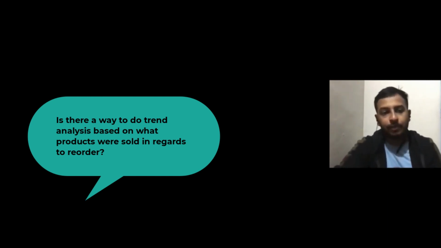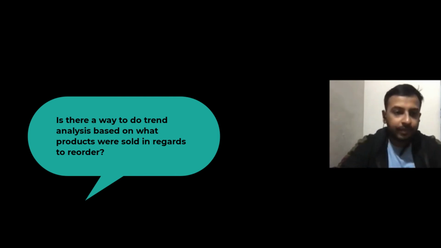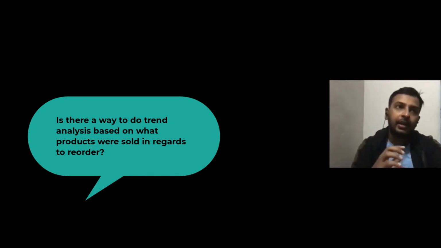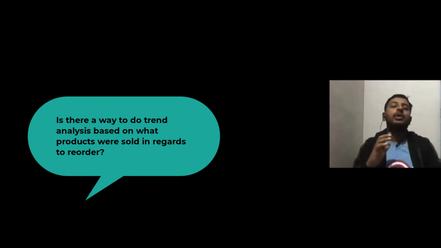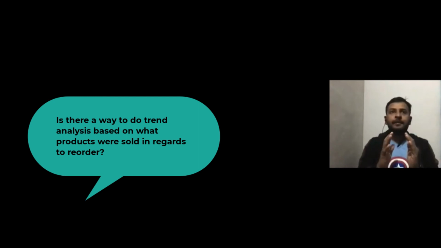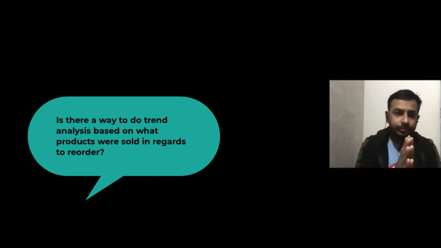That is to see which product sells the most. No, she wants to know how to reorder. Okay. We have an integration with Zoho Analytics, which might help you with this. In Zoho Analytics, you can create an integration where all the products and all the sales details are pushed into your analytics.